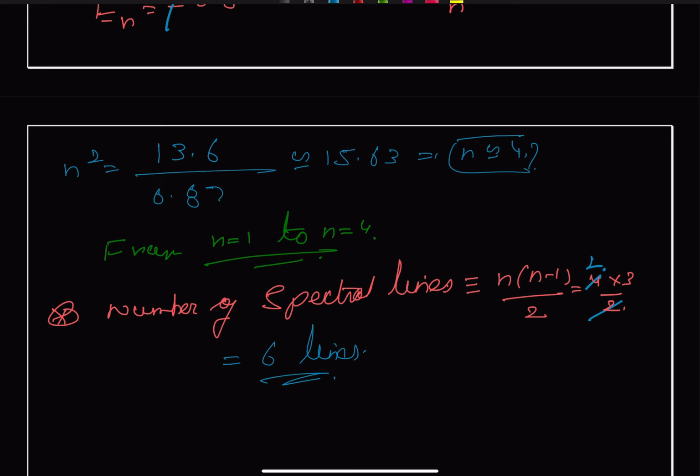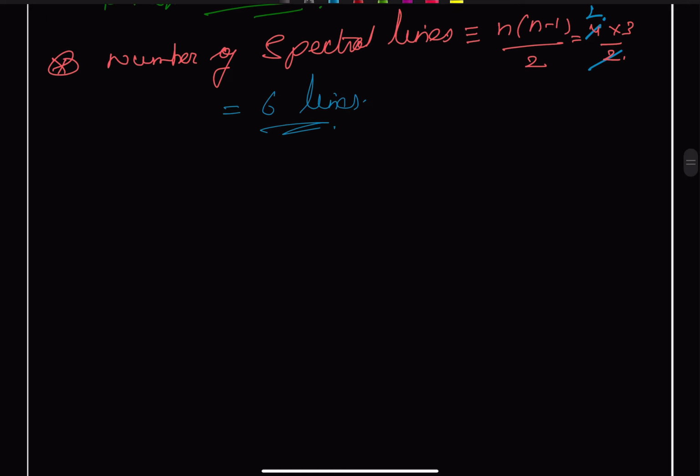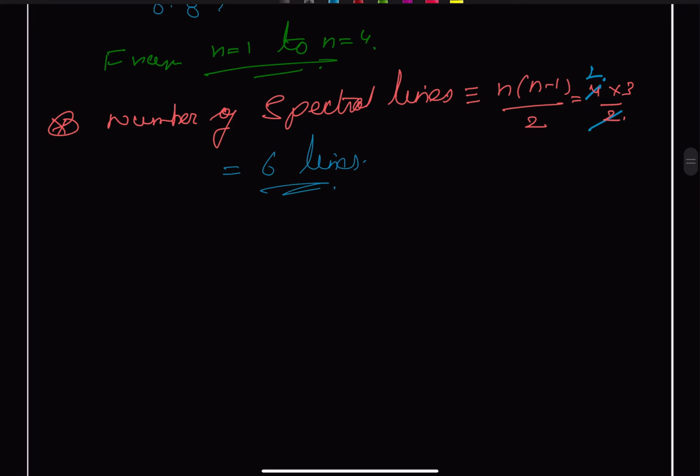And we can approximately draw the levels also, because we have value of n from 1 to 4, so therefore we can say that this is value of n is equal to 4.